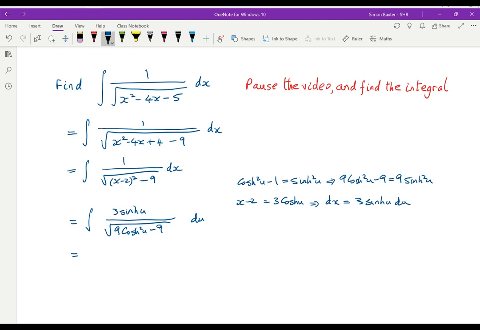The whole purpose of doing it, it turns the bottom into 3 sinh u. This becomes the integral of 1 du, which is u plus c, and u is equal to, well, x minus 2 is 3 cosh u, so that's arccosh of x minus 2 over 3, plus c.